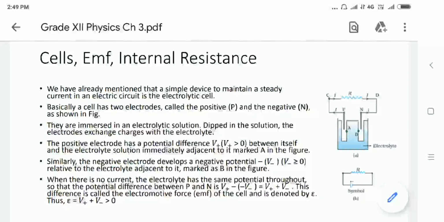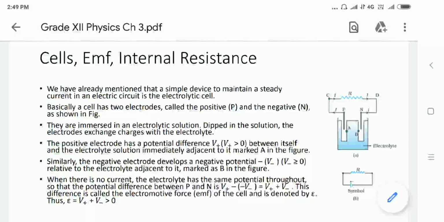So here we can see through the figure that we are using an electrolyte chemical material. Two electrodes are there. One is anode, another one is cathode. Anode is a positive terminal. Cathode is a negative terminal.